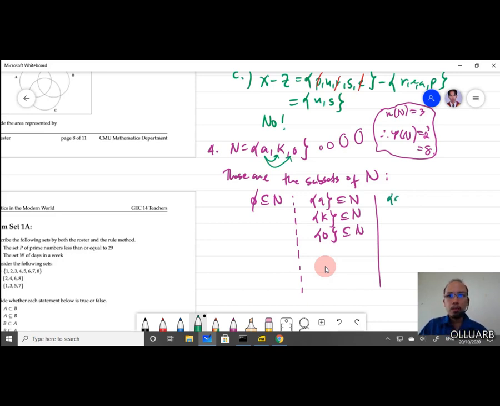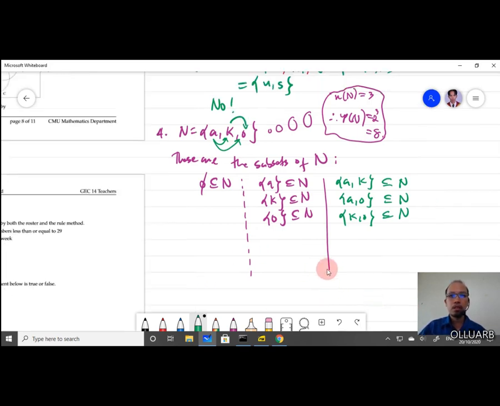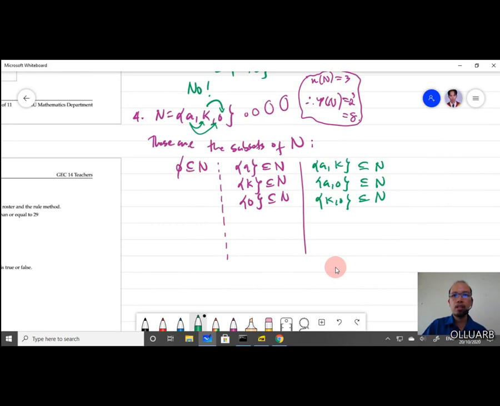So we have AK, AO, and then KO. These are the subsets of N which consist of two elements, and finally there is only one subset of N that consists of three elements.